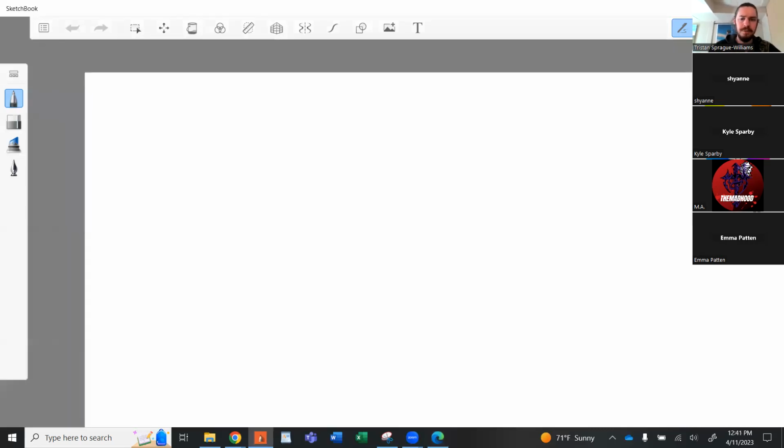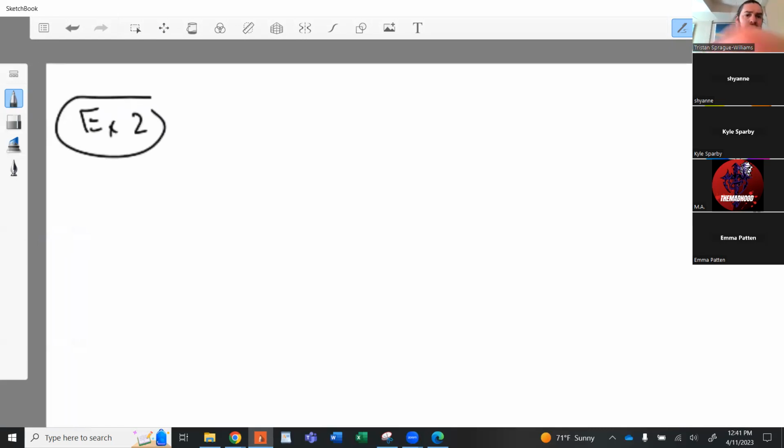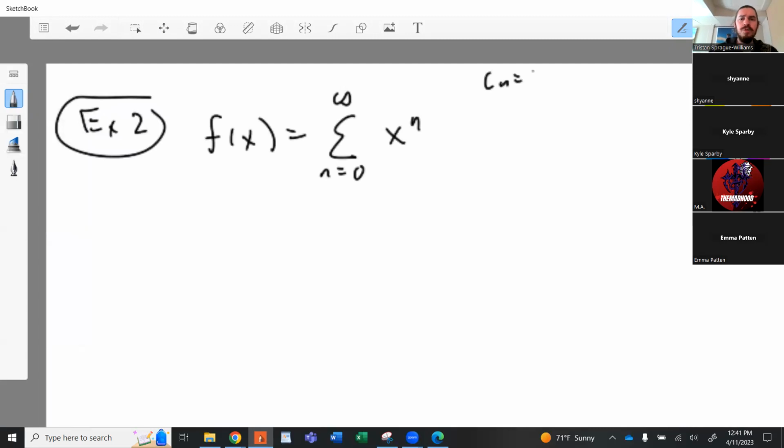Oh, this is a quick example. So for example 2, we'll look at what if you define it as just x to the n. So basically we're saying Cn equals 1.